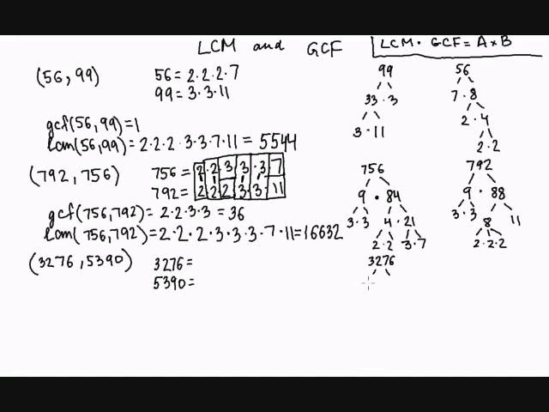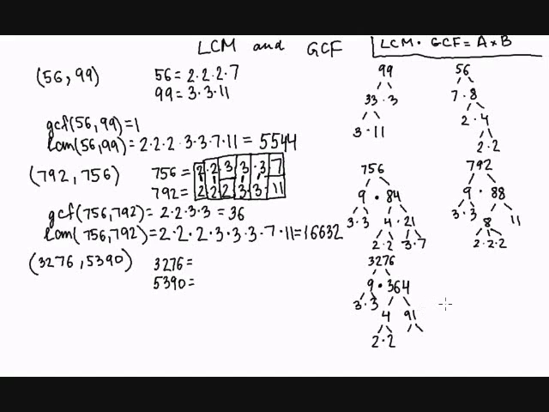Once we divide it by 9, we get 9 times 364. 364 is divisible by 4, so it becomes 91, and 4 is 2 times 2, and let's not forget this 9, it's 3 times 3.